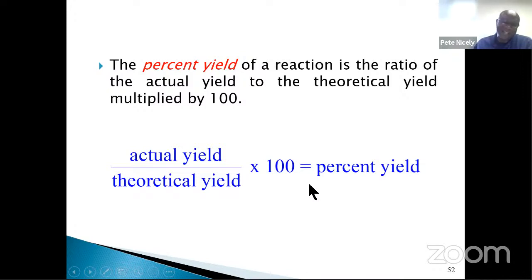It's more common actually to get yields of, let's say, 50% or even below. So that's basically what we're talking about here with respect to the percent yield. The percent yield is equal to the actual yield, which represents the amount of product that you would get if you actually did the experiment, divided by the theoretical yield, which is the amount of product you expect to get based on your stoichiometric calculation.